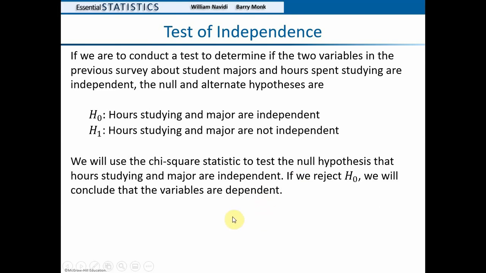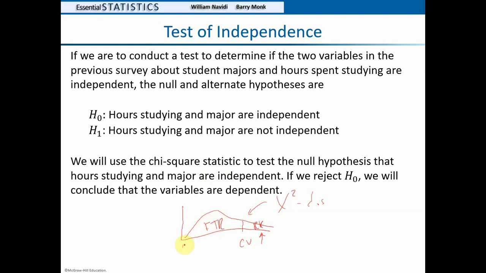Once we've built it, we're going to come out with our chi-squared distribution. Here's our critical value. We're going to do our test statistic, and if it's out here, that's the rejection region.